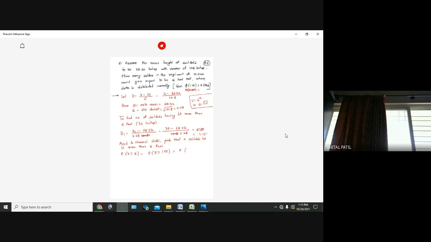So probability from 1.15 to infinity. Z equal to 0, Z equal to 1.15, more than 1.15. So our aim is to find this area.